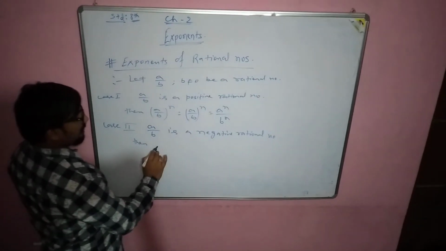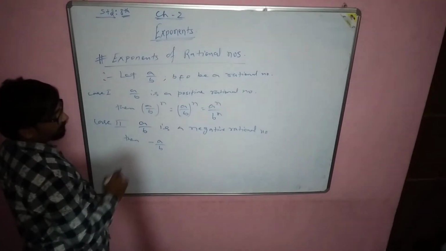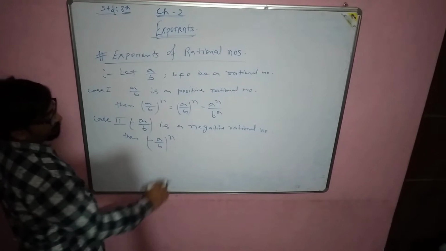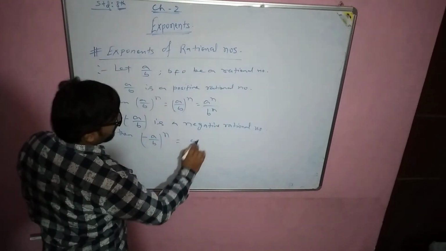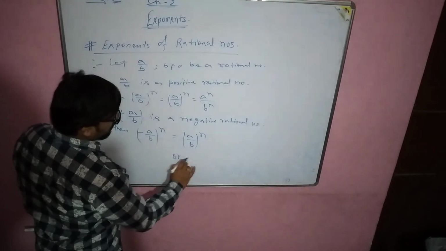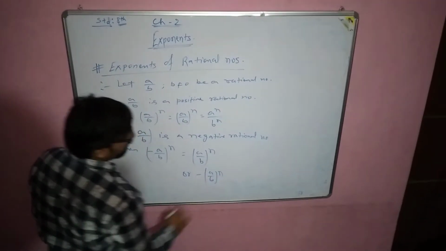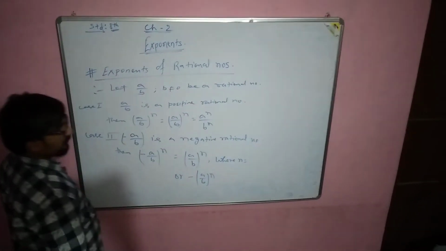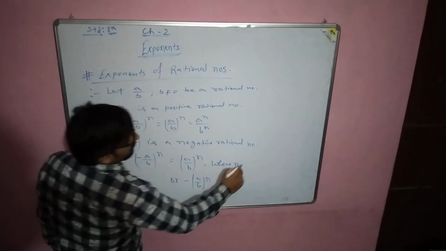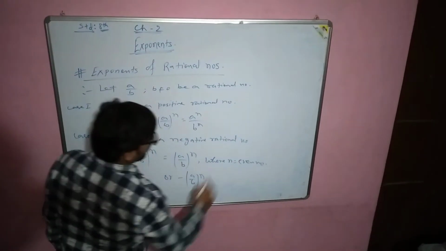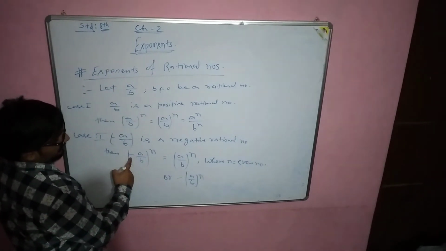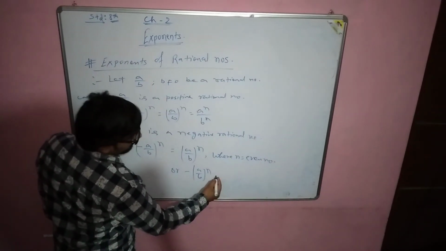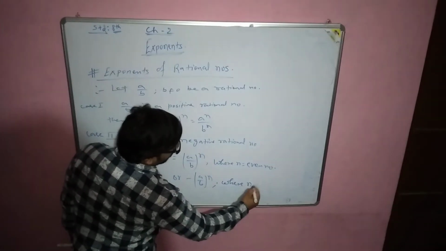Then (minus a by b) raised to the power n: its result is (a by b) to the power n when the value is positive, which means n is an even number. But if the value of (minus a by b) raised to the power n is negative, then it means n is an odd number.